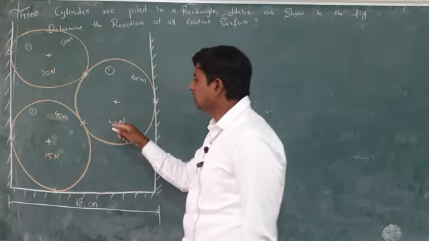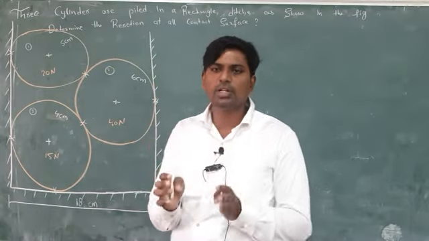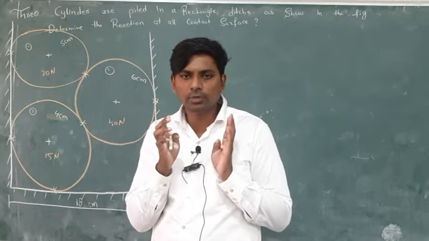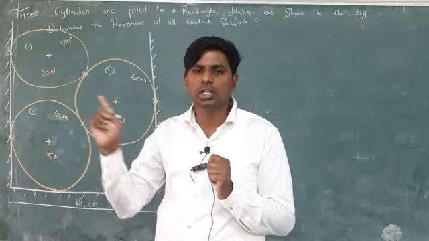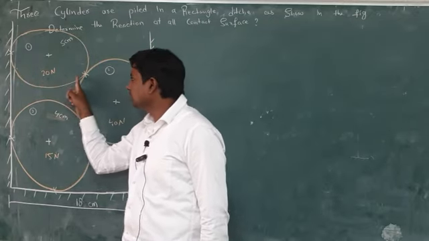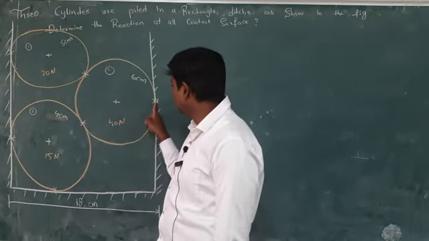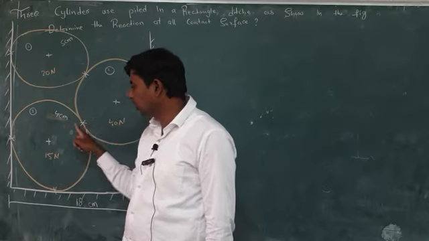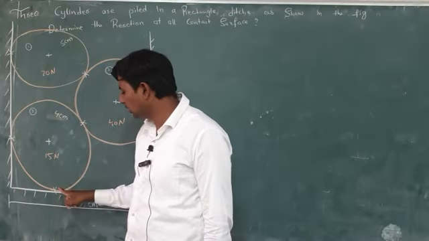Wherever two spheres are meeting, and wherever a sphere and the dish are meeting, you have to mark them like this. So this one is 1, 2, 3, 4, 5, and 6.